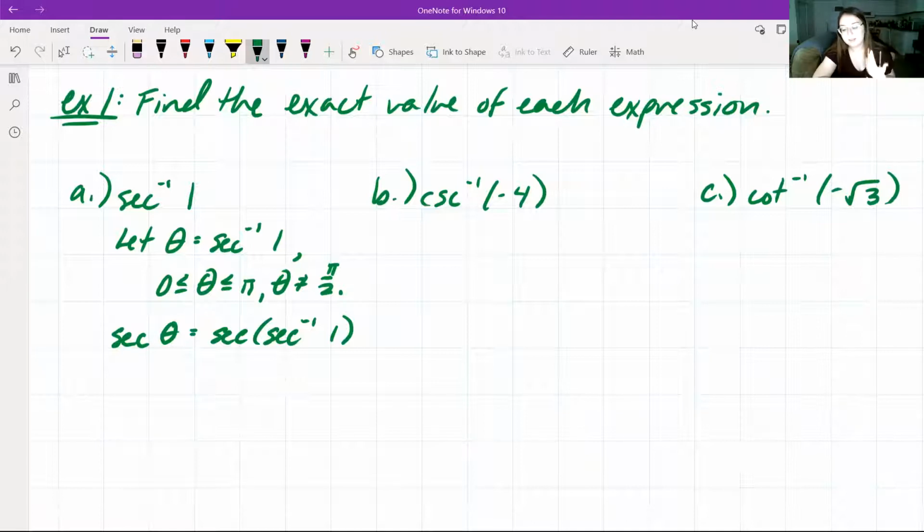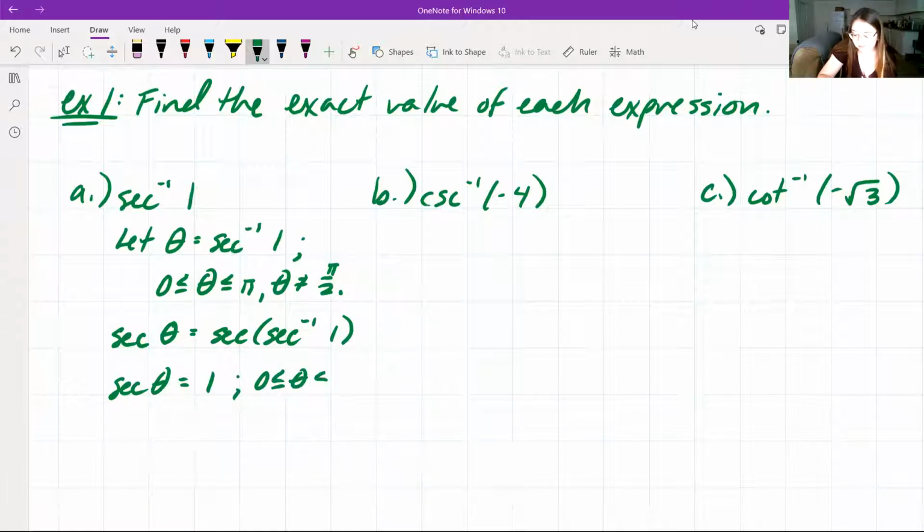So secant of secant inverse of 1 is still going to equal 1. So we have secant theta is equal to 1, where we still have 0 is less than or equal to theta, which is less than or equal to pi, and theta is not equal to pi over 2.